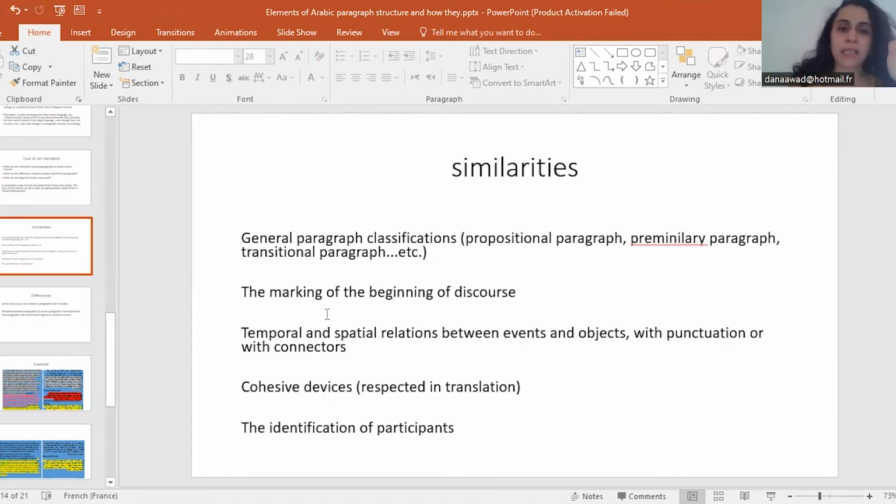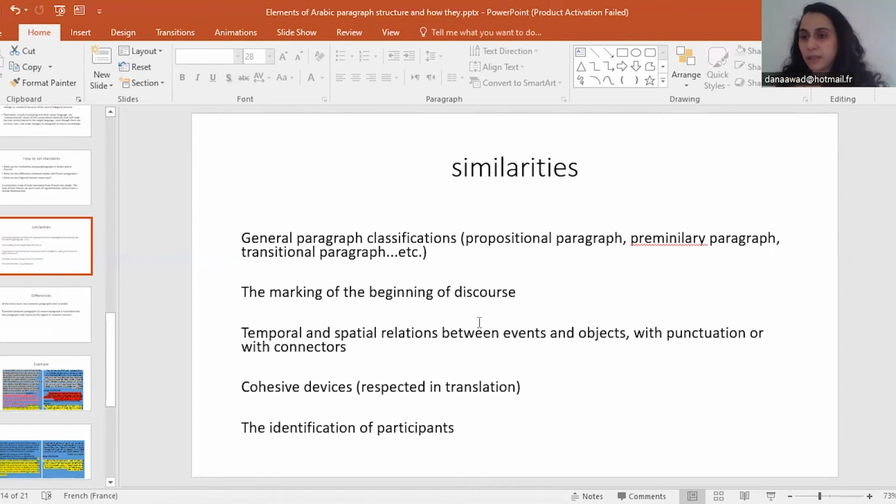So the similarities, of course, are the alinea, the marking of the beginning of discourse, the semantic marking of the beginning of discourse, and the general paragraph classifications, which are the same. So we have the propositional paragraph, the preliminary paragraph, the transitional paragraph, etc. The cohesive devices are respected.